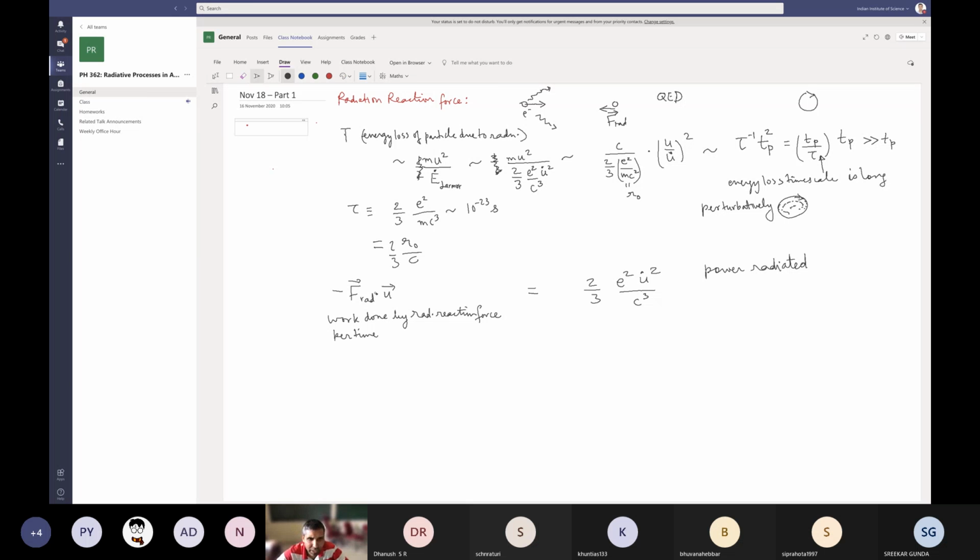Okay. Now, you see that the left hand side depends on u, right? So this is different in different inertial frames, because u is different in different inertial frames, whereas this is the same in different inertial frames.